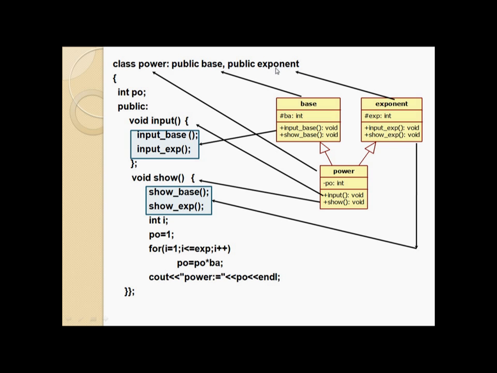The purpose of giving this example is to make you understand how you can apply the concept of multiple inheritance when you are writing a program. If you have two classes which you want to consider as parent classes, then by using a comma you can separate the parent classes.